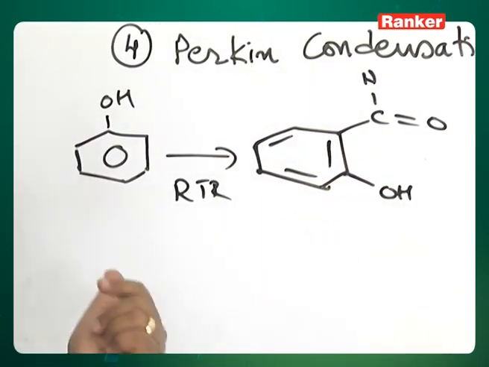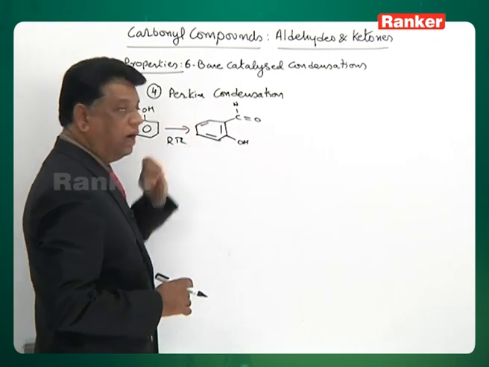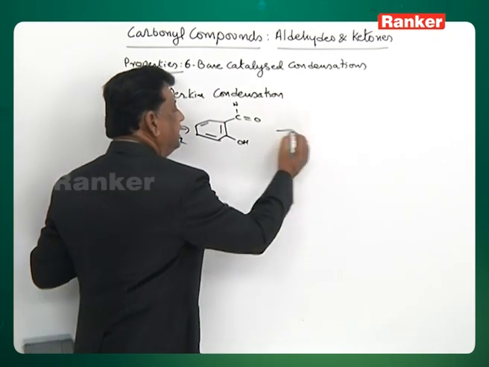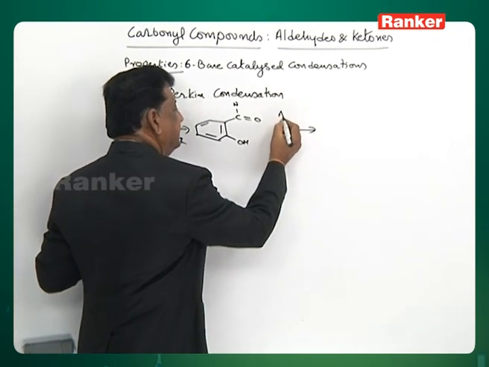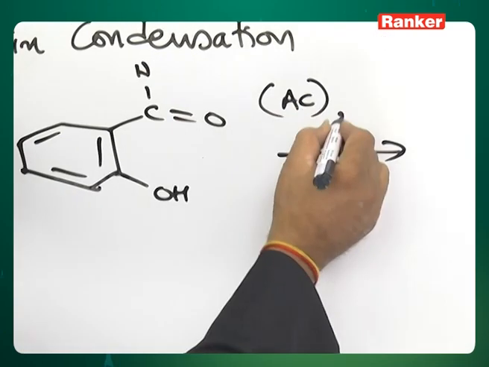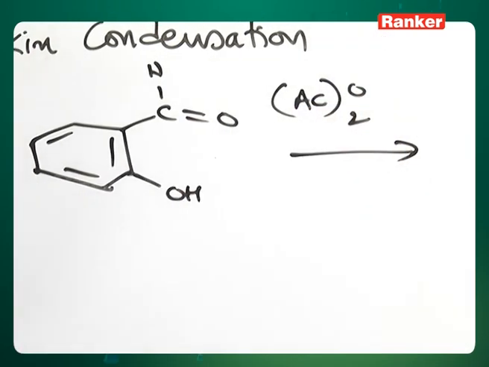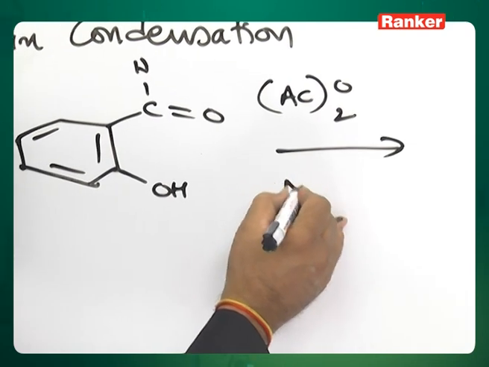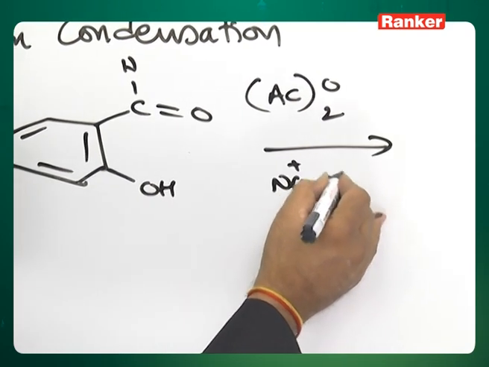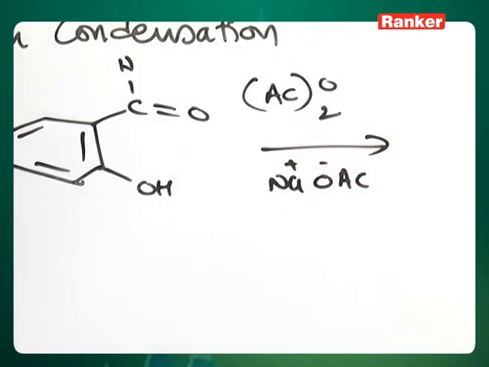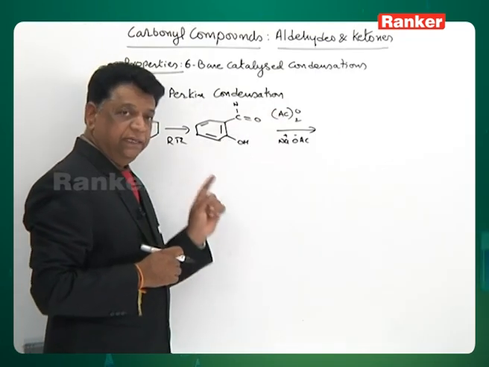However, para will also come, but let us write the ortho isomer and continue the reaction. Acetic anhydride, Ac taken twice with O, is called acetic anhydride, and its sodium salt, Na plus OAc minus. These are all short forms. Ac stands for CH3CO.